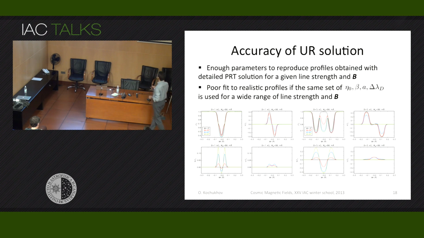You don't see dashed lines behind solid lines, but here at 5 kilogauss you start seeing them. I can remove this difference by tweaking these parameters, but then I get problems on this side. So this is something to remember. I think the books very often say that the Unno-Rachkovsky solution provides perfect reproduction of polarized radiative transfer, but what they mean is actually reproduction for only one value of line strength and one value of B.